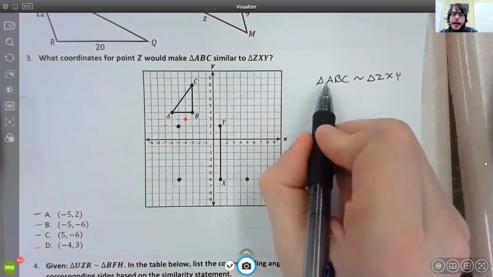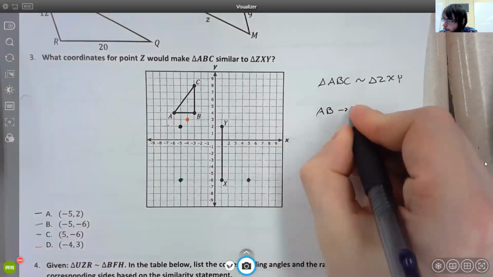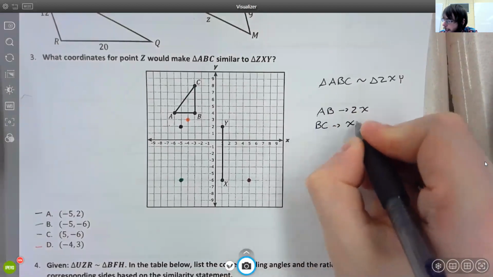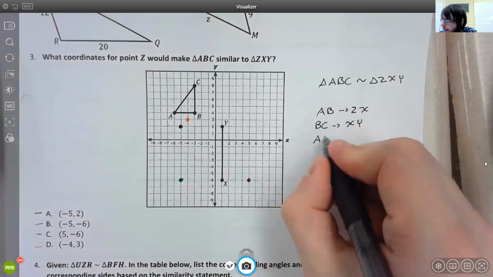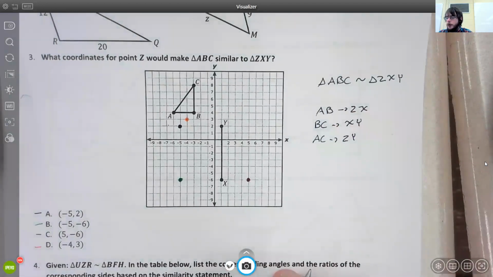So that means that AB needs to match up with ZX, BC needs to match up with XY, and AC needs to match up with ZY. Okay, so that's going to be important when we talk about which point this should be.